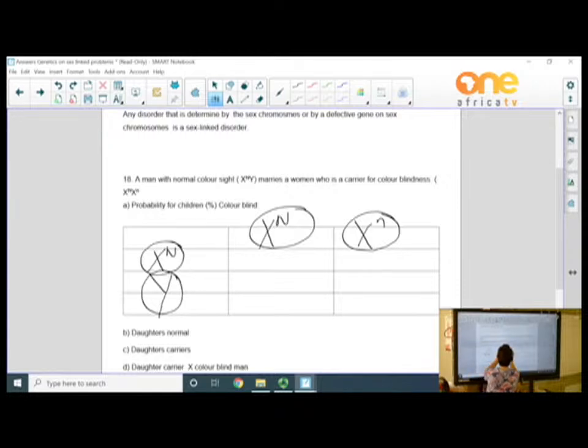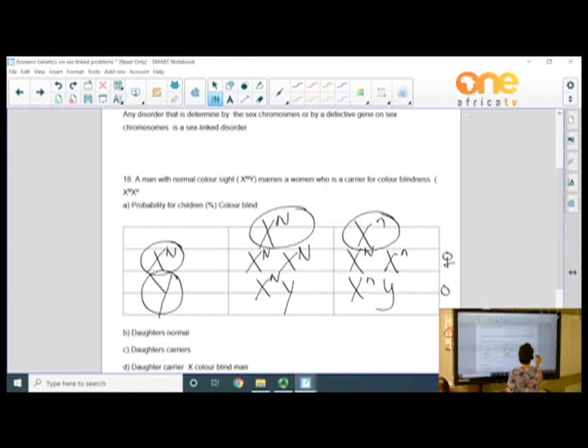So this child will be an X and an X, so it's a girl. Capital N, capital N, so normal vision. N, another girl. So these two here we will have girls, right? There we will have now an X N and a Y, X small n and a Y. And these will be the boys.